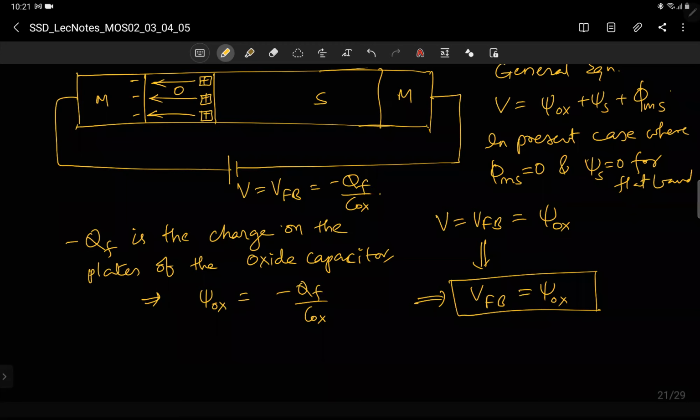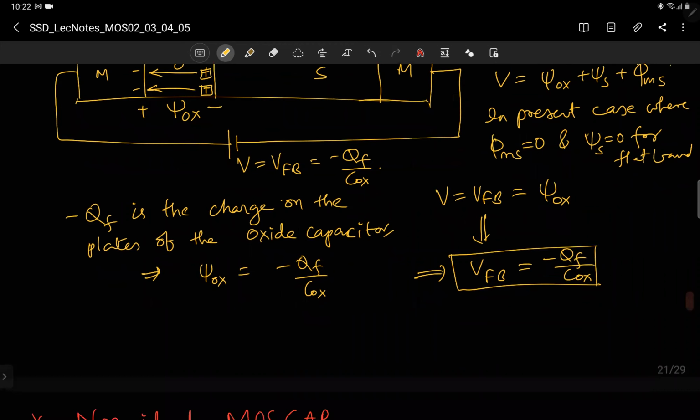Minus QF, because there are negative charges on the left hand side, positive charge on the right hand side, and Ψox is always from left hand to right hand. Ψox is this way, but positive charge is on this side, so you have to keep a minus sign. So minus QF by Cox. And earlier we saw that there is no drop in the semiconductor and metal semiconductor junction. So the entire applied voltage should be Ψox. So VFB is equal to Ψox, and Ψox is nothing but minus QF by Cox. So VFB should be minus QF by Cox. So that's how it is.